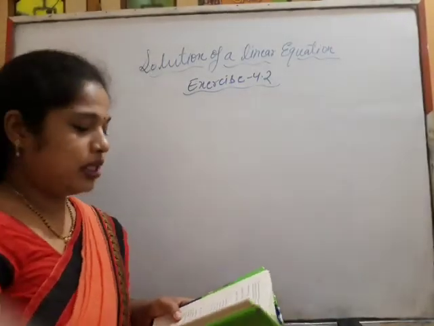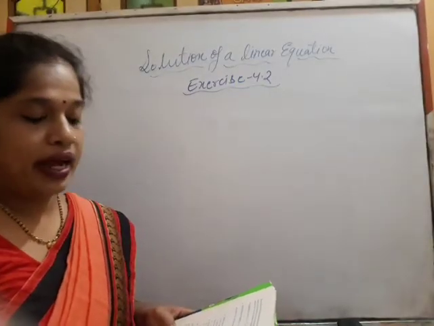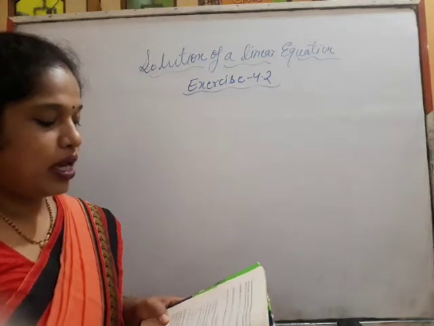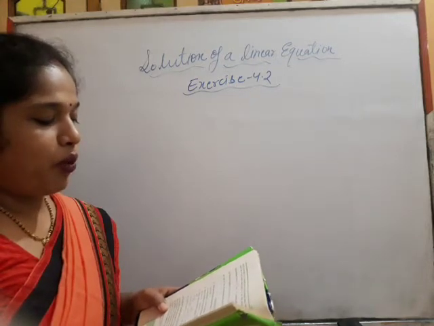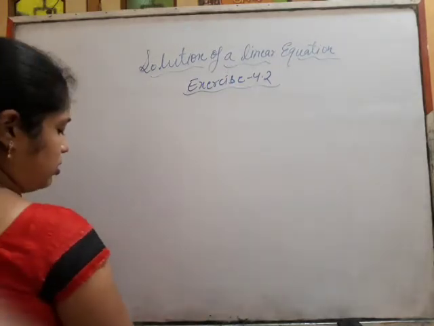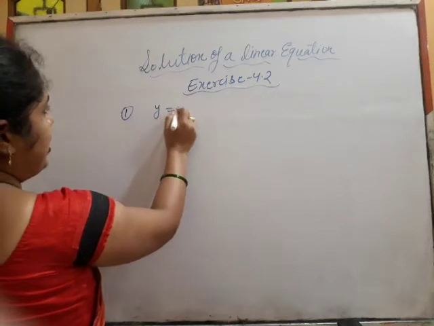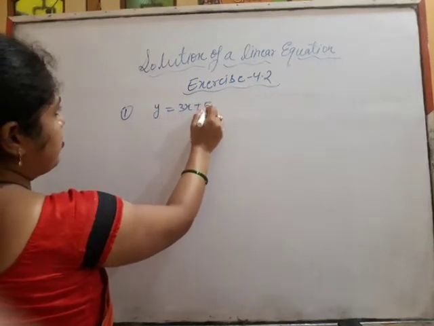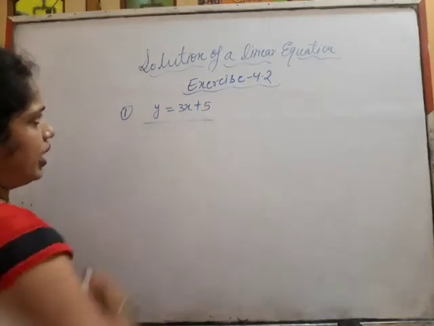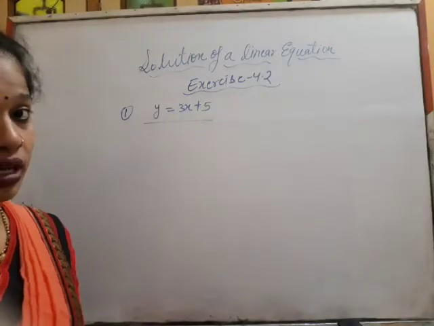Question number 1. Which one of the following statements is true and why? For the equation y = 3x + 5. Can you say that this is a linear equation in two variables?